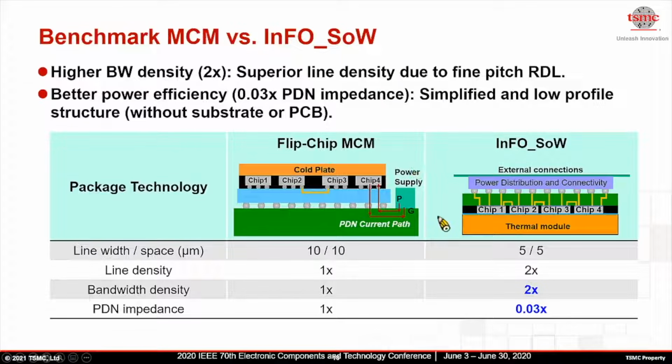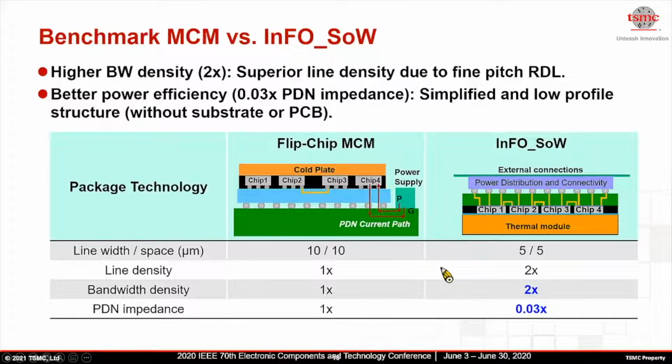Higher bandwidth density comes from superior line density due to the fine pitch RDL generated by InFO, and the better power efficiency with very low PDN impedance. Simplified and low-profile structure can be built.